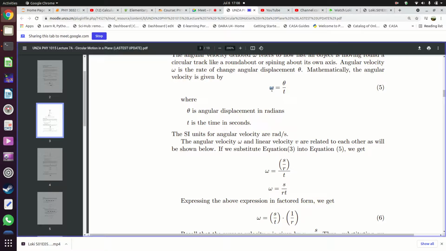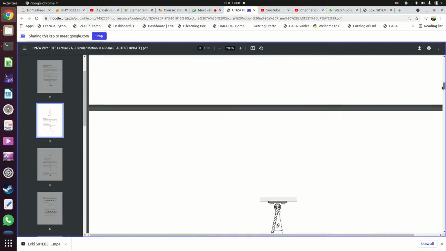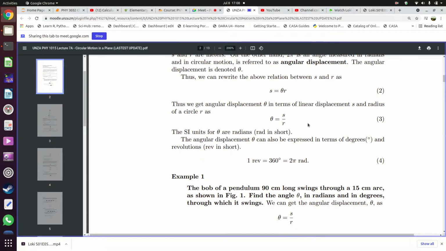Now, from equation number 3, the angular displacement theta is equal to S divided by R, which is the linear displacement divided by the radius of the circular path.